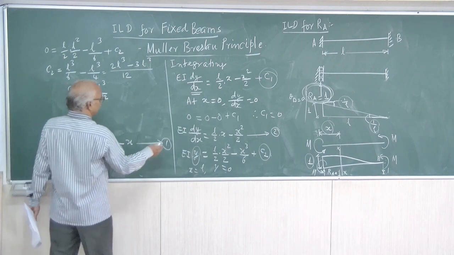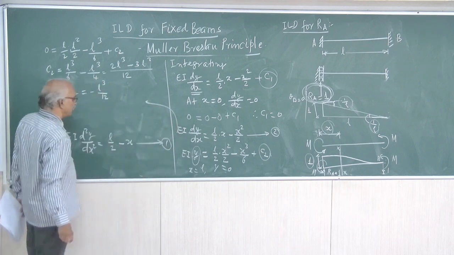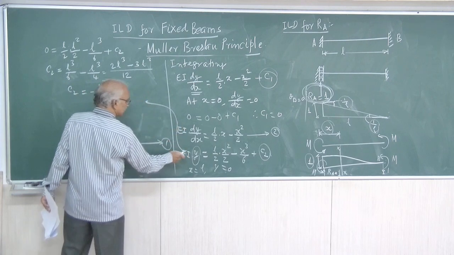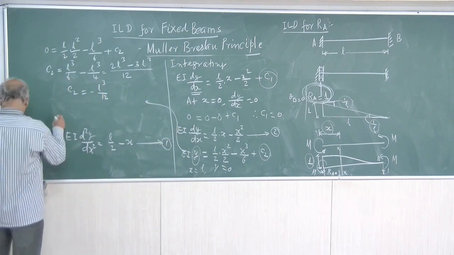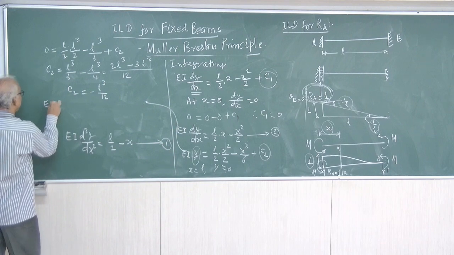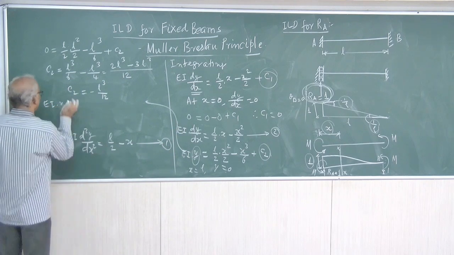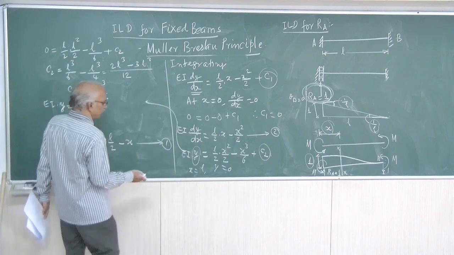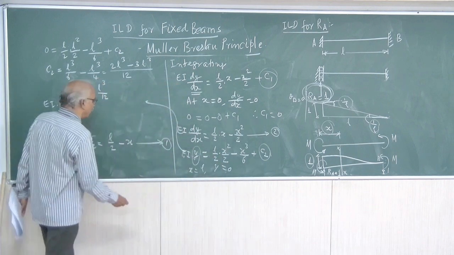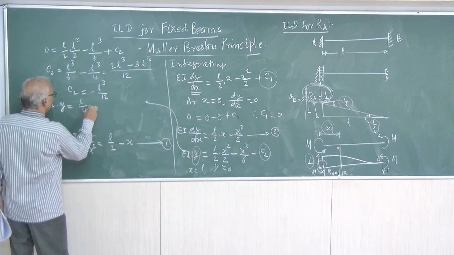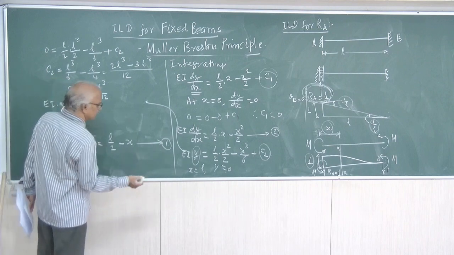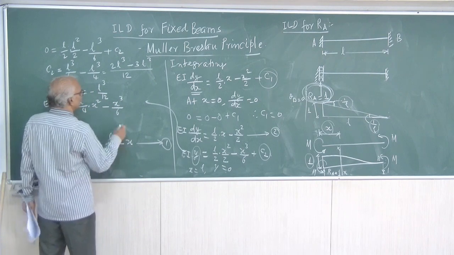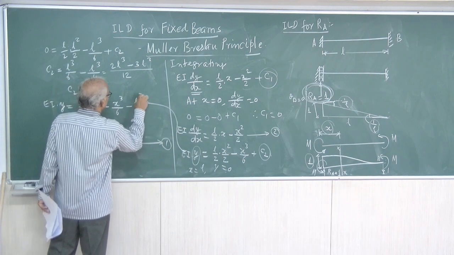Now, substituting for C2 in this equation, EI into Y equal to L by 4 into x square minus x cube by 6, and for C2 it is minus L cube by 12.